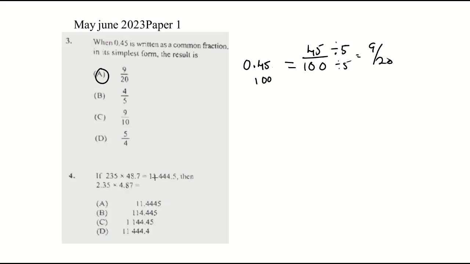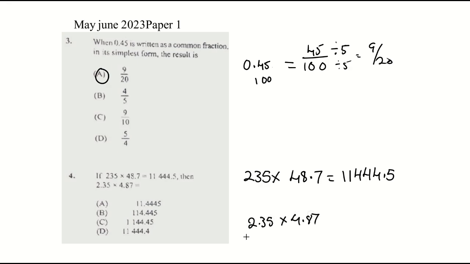Then they want this. Now we have to remember when multiplying. Number 4, let's read it and then let me explain. If 235 multiplied by 48.7 is equal to 11,444.5, then they want to know what is 2.35 multiplied by 4.87.